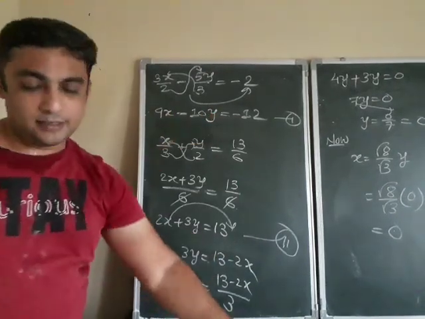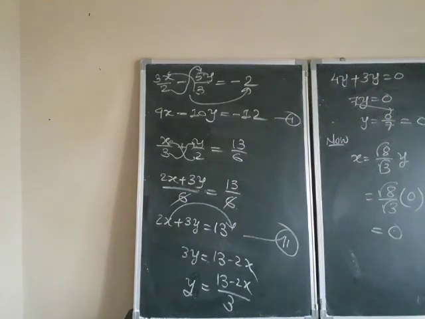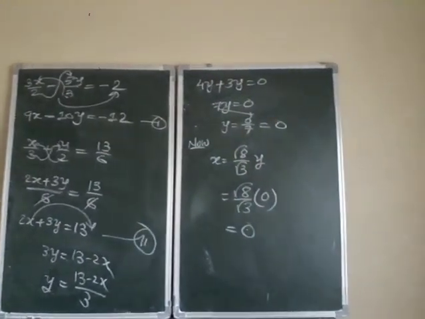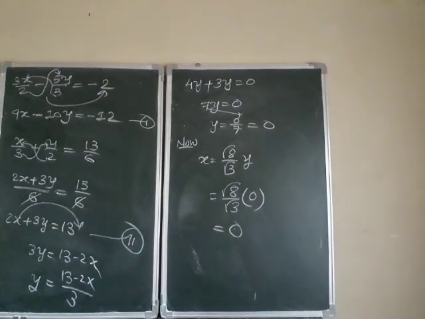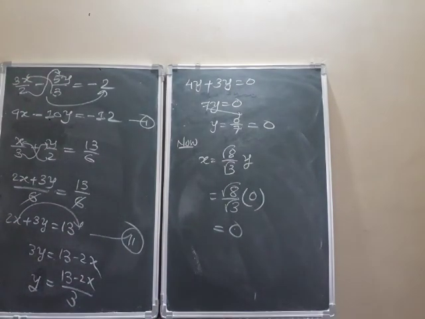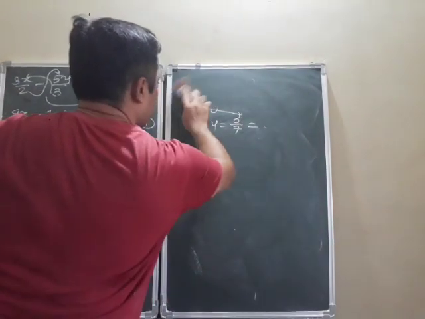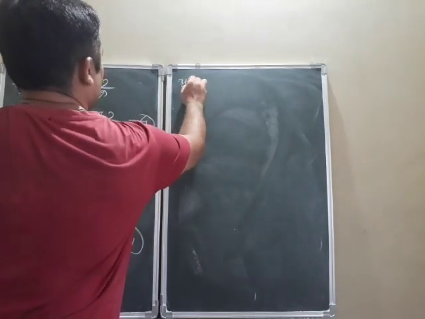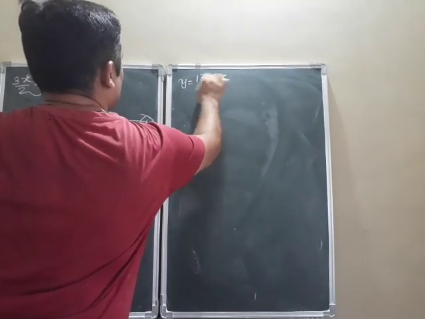So let me write here. See the next. Now see, this y is equal to 13 minus 2x upon 3.